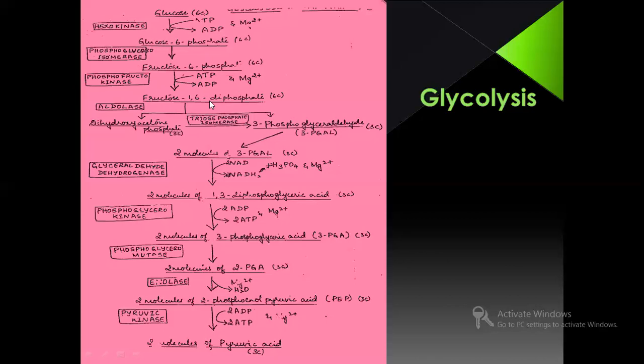And this fructose 1,6-diphosphate, in the presence of the enzyme aldolase, cleaves, it gets divided into two molecules: one is dihydroxyacetone phosphate, we usually call it DHAP, and the other molecule is 3-phosphoglyceraldehyde, that is 3-PGAL.